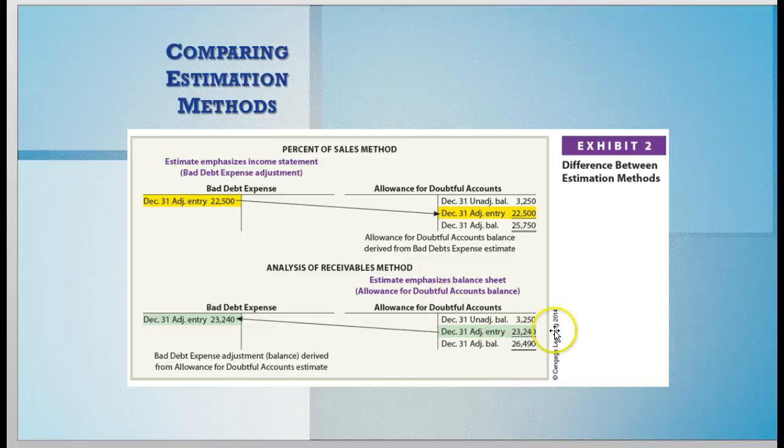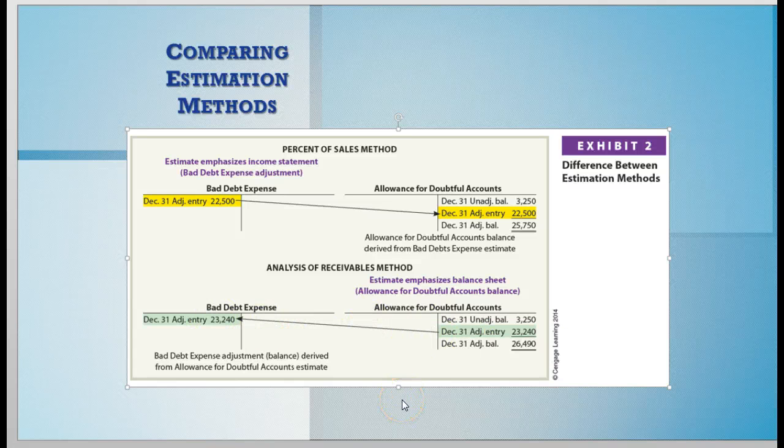So to get it to be $26,490, all right, this is already included, so the difference between the $3,250 and the $26,490 becomes your bad debts.